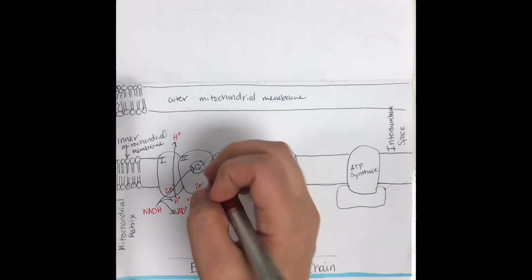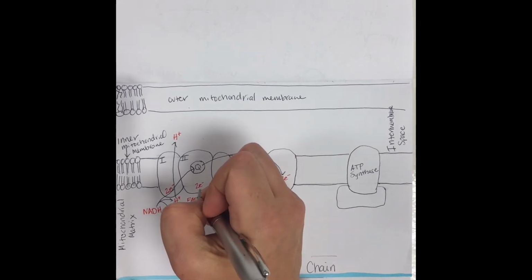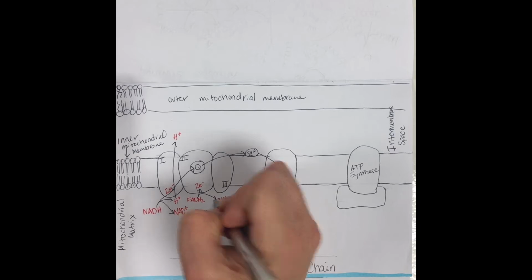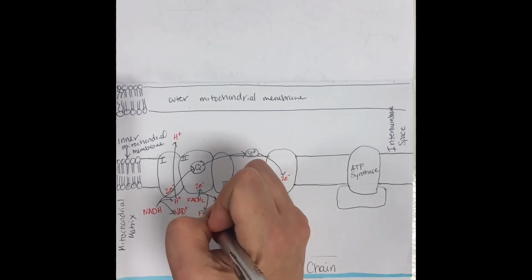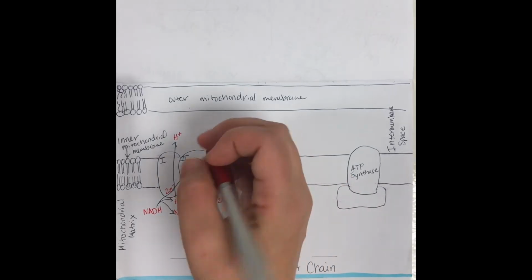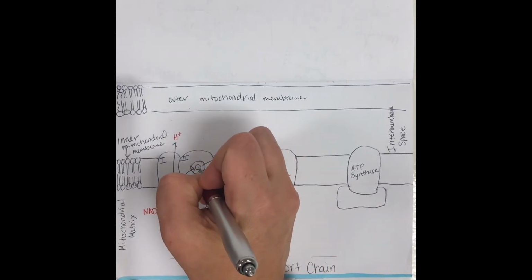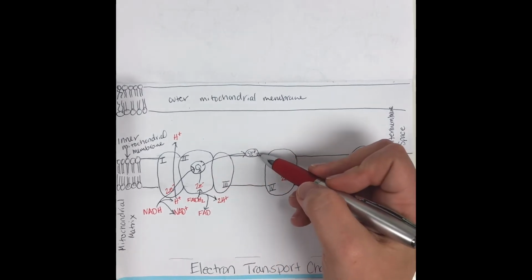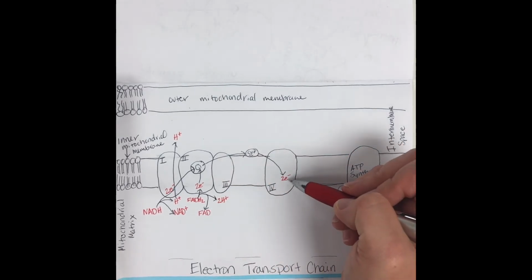So this FADH2 splits into 2 electrons, 2 hydrogens, and 1 FAD. These 2 electrons will also get shuttled into the Q complex. They will then also go to cytochrome C, and then they will also end up in protein complex 4.